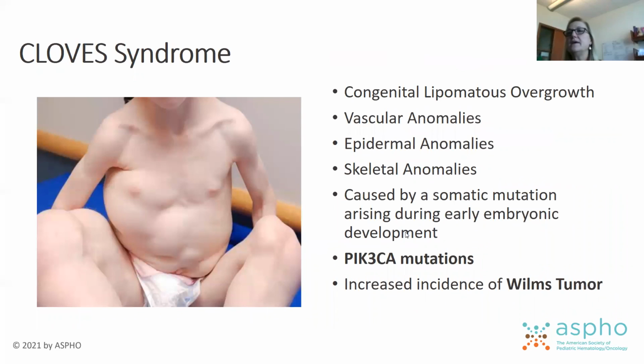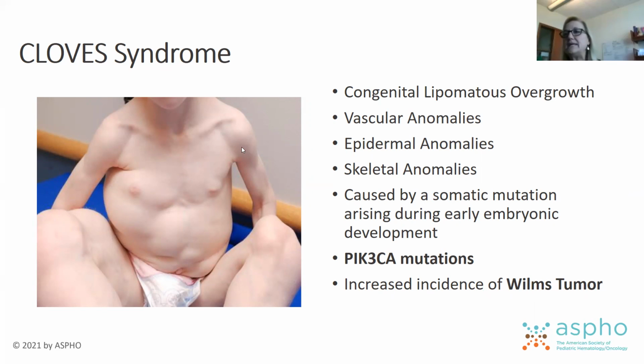I put this in about CLOVES syndrome because this is important, as you see in bold. We talked about CLOVES syndrome being a PIK3CA disorder. It stands for congenital lipomatous overgrowth, so you can see all the lipomatous overgrowth in this patient. Vascular anomalies: this patient doesn't have any particular vascular anomalies. Epidermal nevi, skeletal anomalies.